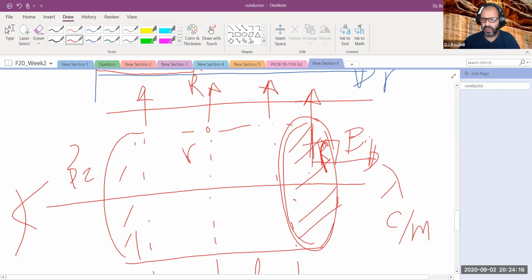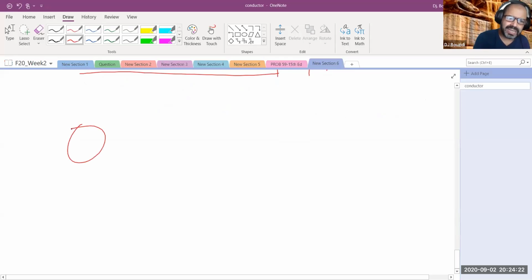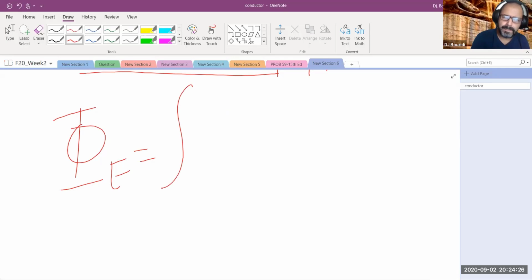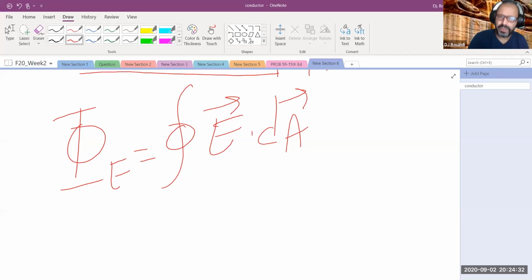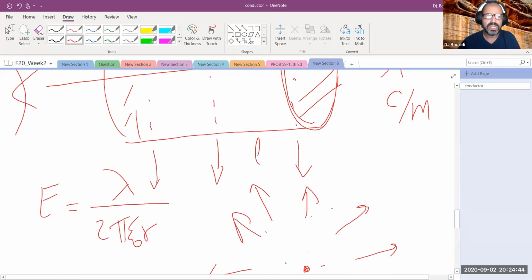So let's break down the integral now, because we have 3 integrals that we have to do for the surface. The flux of the electric field must be equal to the sum on the closed surface of E dot dA. I'm going to break it down on surface 1, B1, times dA, plus the integral now on B2, which is the other area.